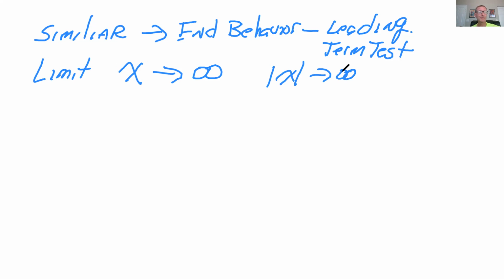And so how do we do that? Well, just like we do on the end behavior and leading term test, the term that has the highest degree will dominate the limit as x gets really big in the positive direction. But now we have to worry about both the numerator and the denominator.